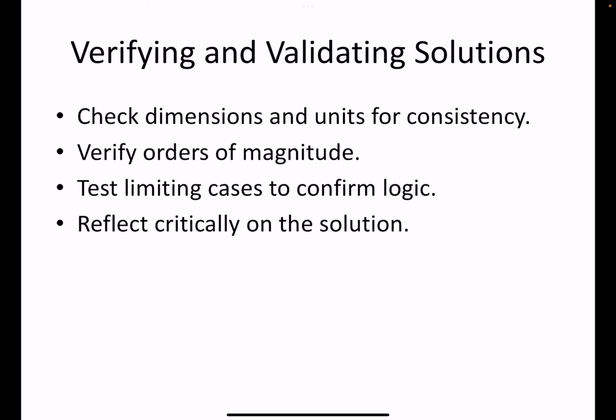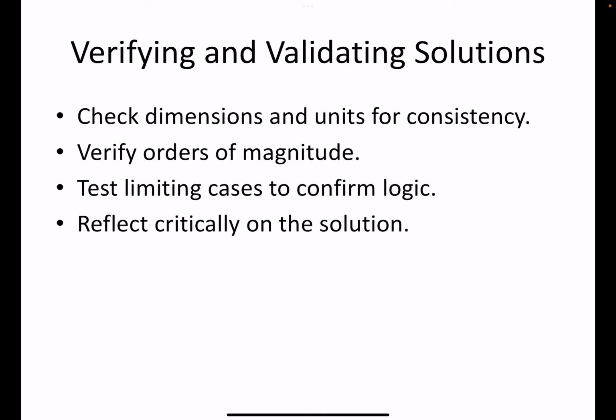Now let's expand on the assess phase. You have an answer. How do you know it's right? The first thing you can do is dimensional analysis. Check your units. If you are calculating a distance, your final units should be meters, not meters per second. If they don't match, you made an algebraic mistake somewhere. The second thing you can do is an order of magnitude estimate.